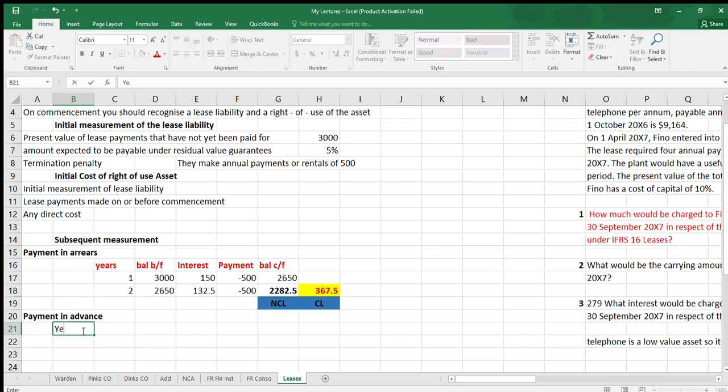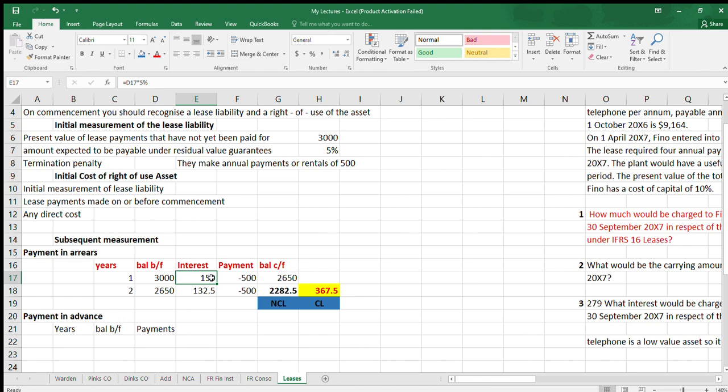So year's balance brought forward, then you have your payment. This time around your payment comes first because the payment was made in advance. In arrears, the payment is the last thing because it is made at the end of the year. But in advance, the payment is made at the beginning of the year. But the interest is always paid at the end of the year.